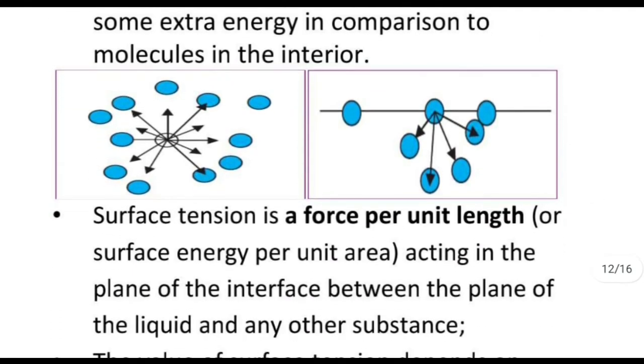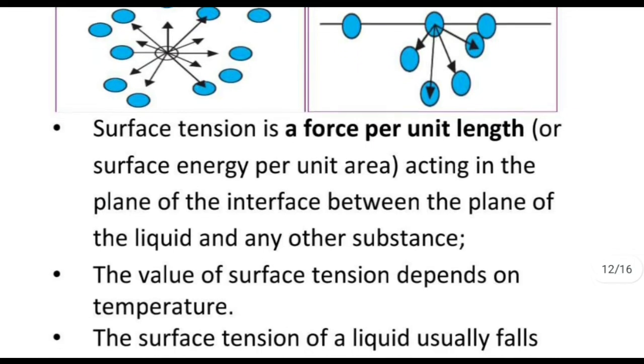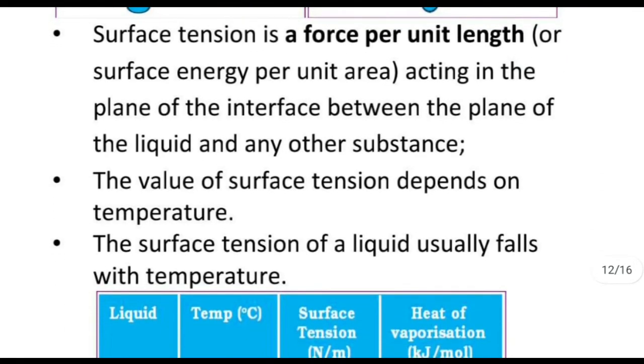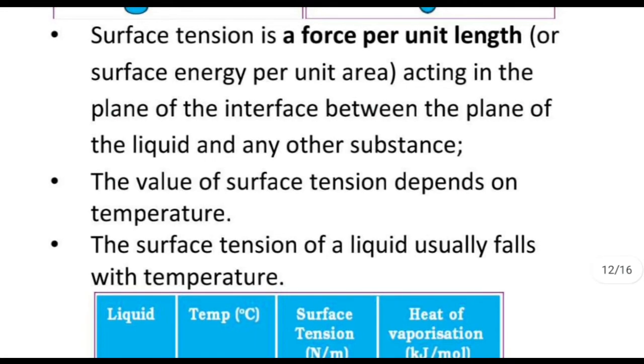Surface tension can be defined as force per unit length, or it can also be defined as surface energy per unit area. Surface tension is force per unit length acting in the plane of the interface between the liquid and any other surface.